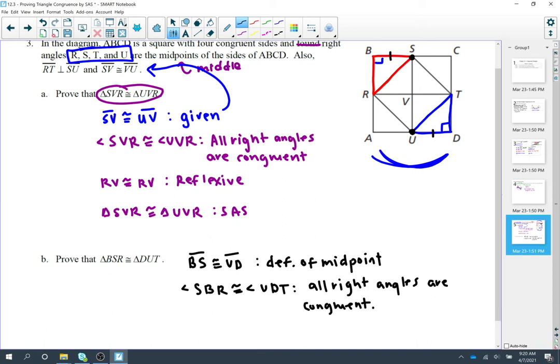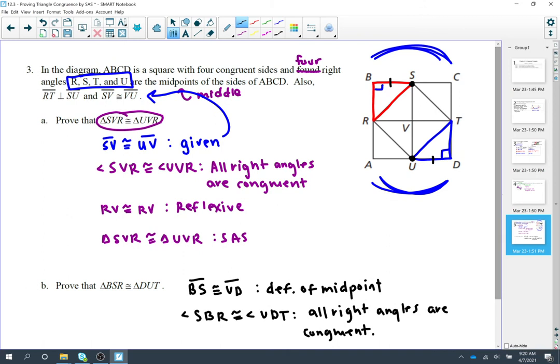So I'm going to use the same reasoning that I did before, and I'm going to say, well, if I have a square, then I know that side BA, the whole side, is congruent to CD because it's a square. Then it told me that R and T are midpoints, which means it took that side length and cut it in half, which means that BR has to be congruent to TD, which I put 2 tick marks technically because it's a square.